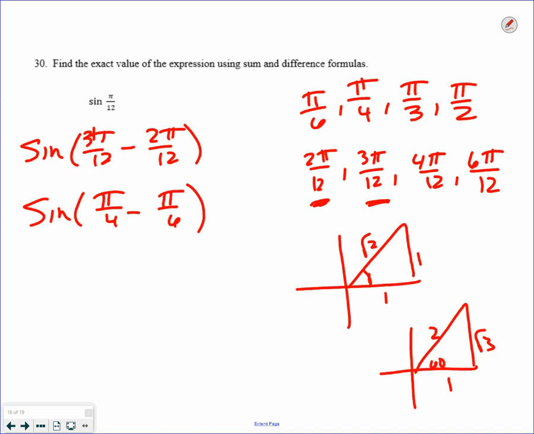And so now, using our sum formula, this is the sine of pi over 4 cosine pi over 6 minus, so that minus sign goes in the formula. It doesn't go in the actual angle measure that you're drawing here. Cosine pi over 3 sine.